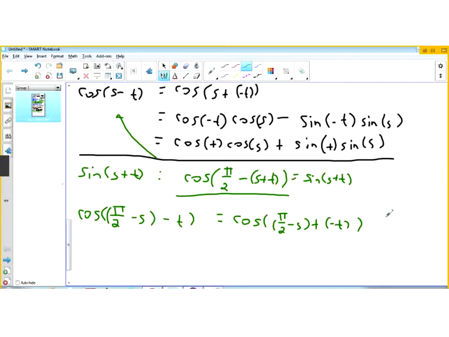So by the cosine of a sum of numbers, this would equal the cosine of minus t times the cosine of pi halves minus s, minus the sine of minus t times the sine of pi halves minus s.